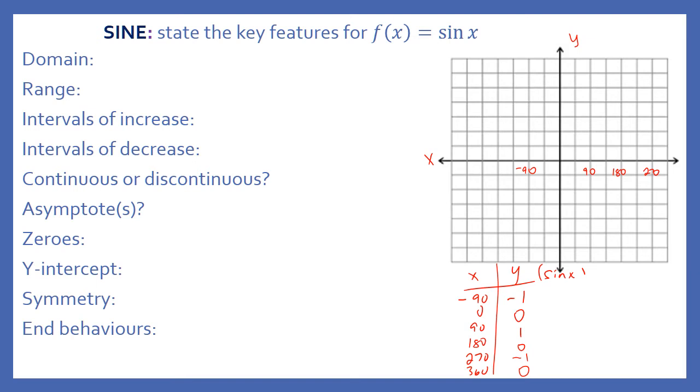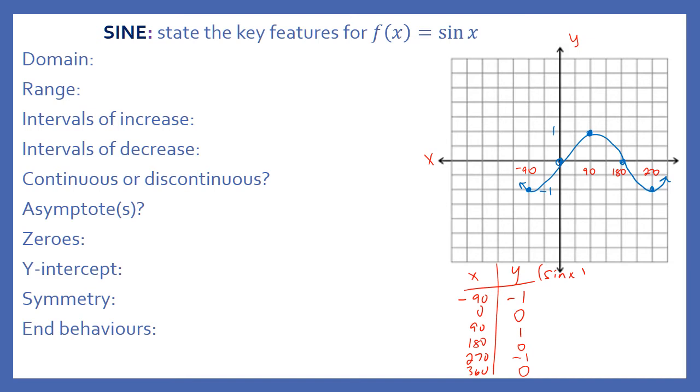So at negative 90, and we'll call this negative 1 and positive 1. And 0, 0, 90, 1, 180, 0, 270, and it comes back down. So there's our sine x. One cycle of it anyway.